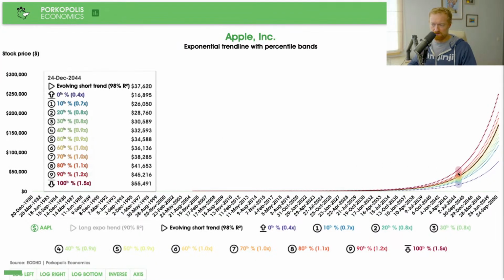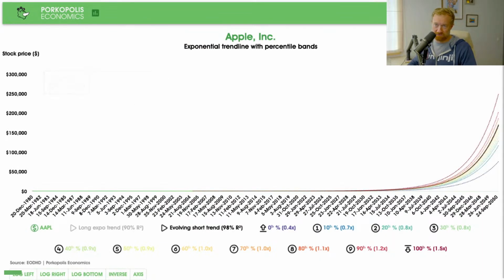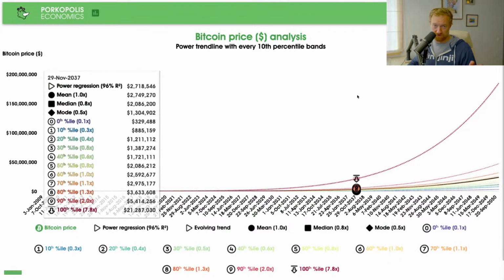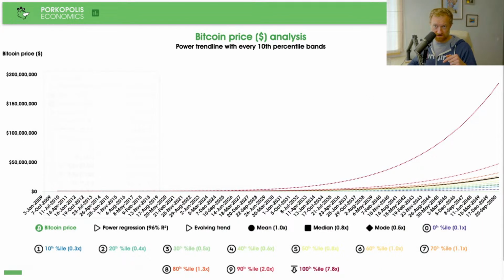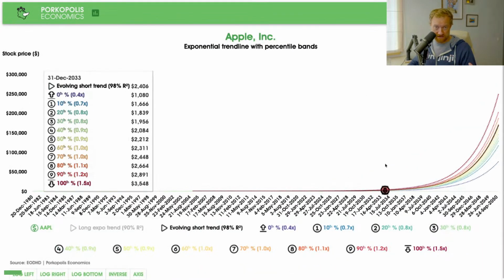This phenomenon, of course, is going to change by how powerful the trend is, either exponential or power, how big the rate of growth is. But Bitcoin with a power trend has a bigger growth rate at the moment than Apple does all time.